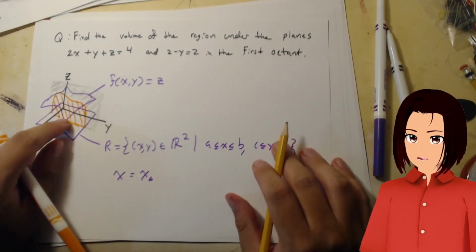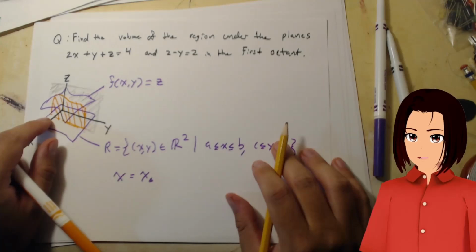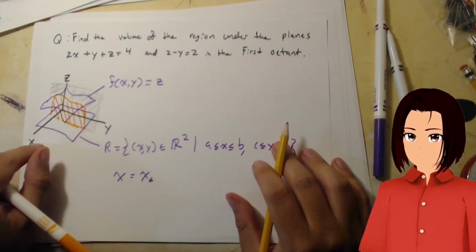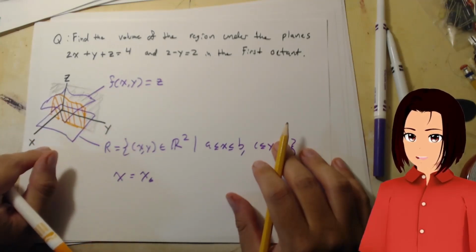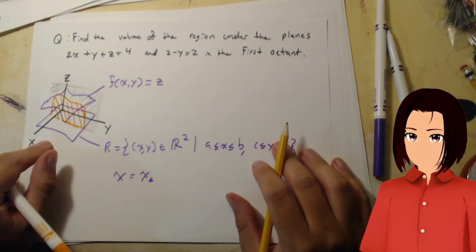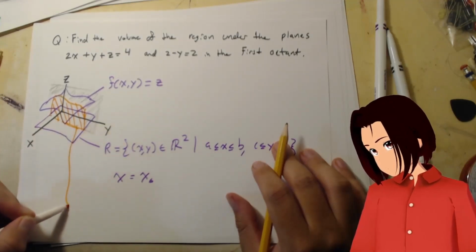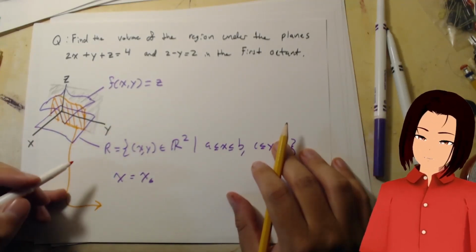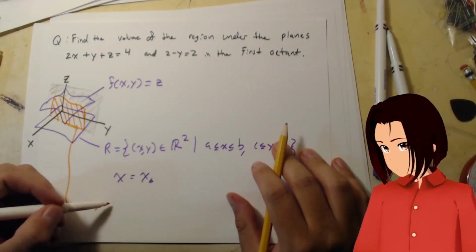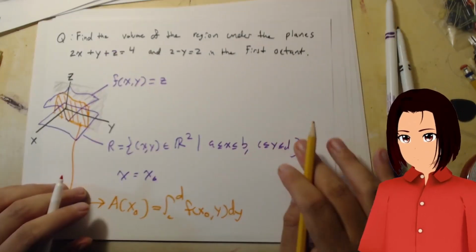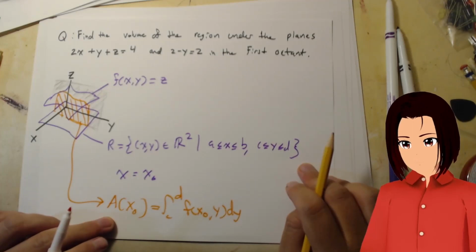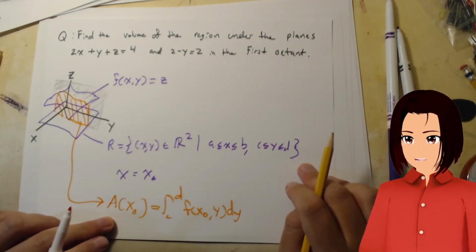It's the cross-sectional area of the plane where x is a fixed number. It's a plane that intersects the xy plane, but x is not changing. We're calling it an area where x is not changing, and it equals this. This is a cross-sectional area.